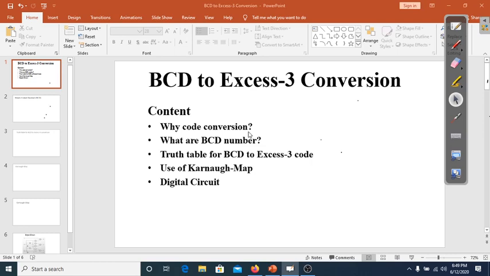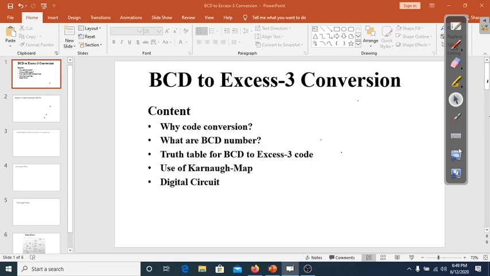So different digital systems use different codes. Sometimes the output of one digital system is the input of another digital system. Therefore, we use some code converter to make the systems compatible. So therefore, we are talking about code conversion.